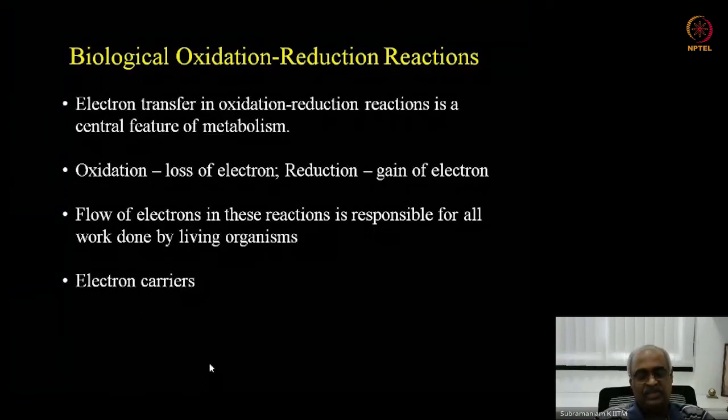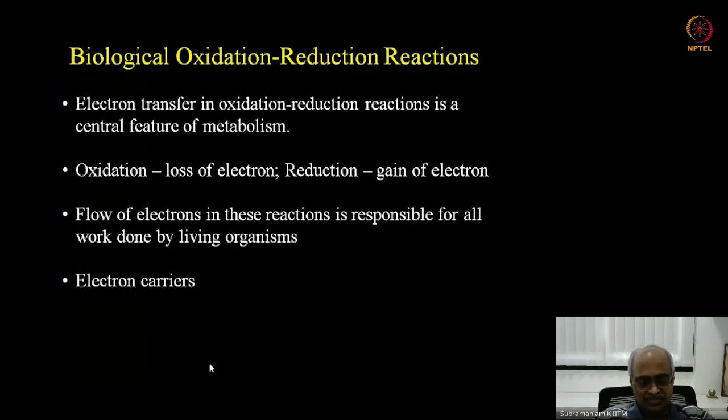It is actually electron flow from a molecule that doesn't like electrons so much, therefore has low affinity for electrons, to molecules having high affinity for electrons. And this low affinity to high affinity means it is a spontaneous flow. Because it is electron transfer, like electricity, and you can think of electromotive force, we need to learn a little bit of electrochemistry.